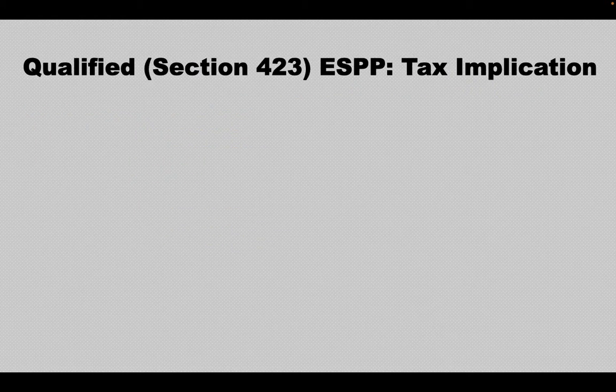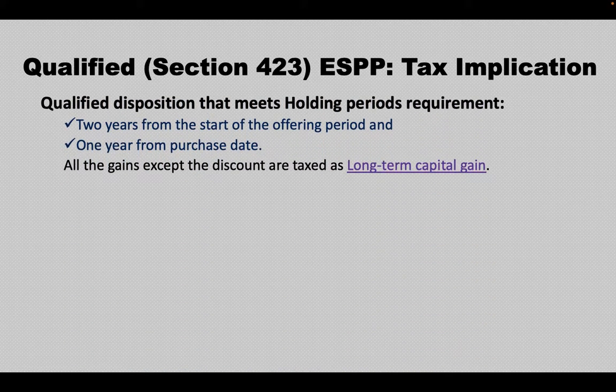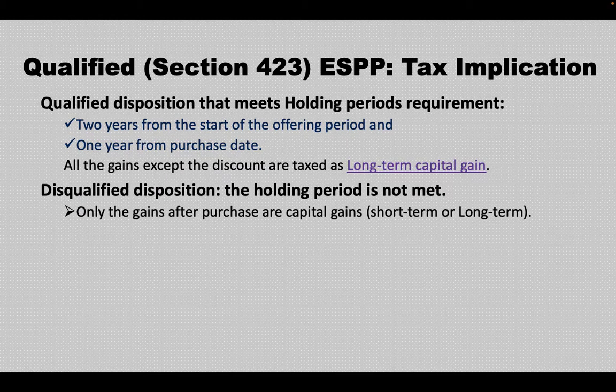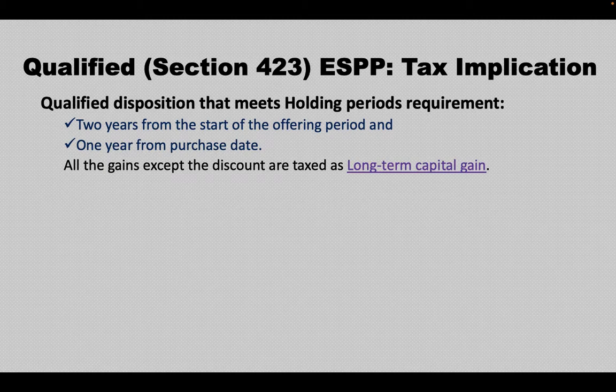Now I'm going to talk about a little tax implication here. As we talked about before, you have to meet the holding period in order to enjoy the long-term capital gain. But exactly how that works is, all the gains except the discount are taxed at the long-term capital gain rate.